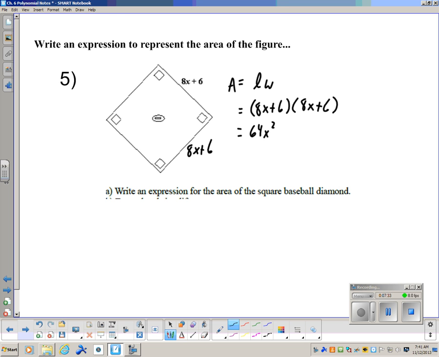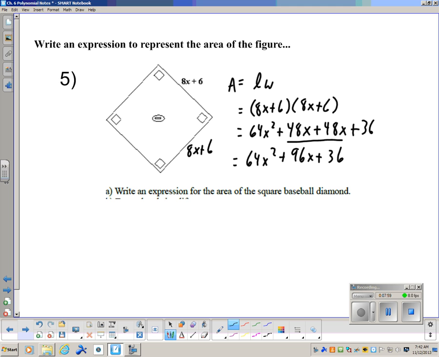So that's our first terms here, and then we got our outer terms here, so 8x times 6 here is 48x. Inner terms, 6 times 8x there is 48x. And last term, 6 times 6 here is 36. And then combining those middle terms there, we get 64x squared plus 96x plus 36.